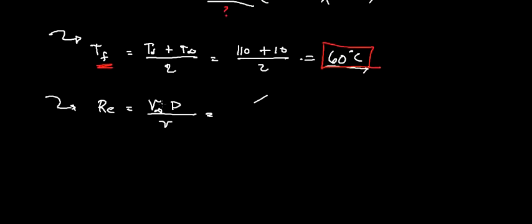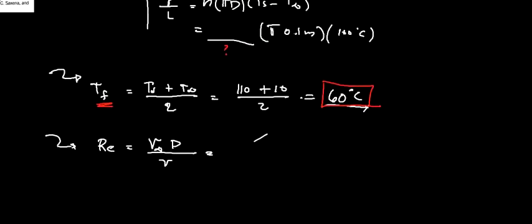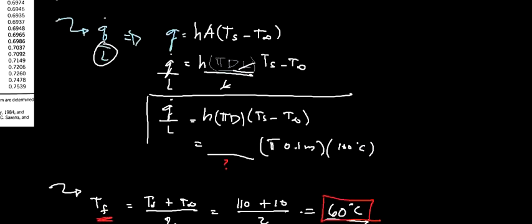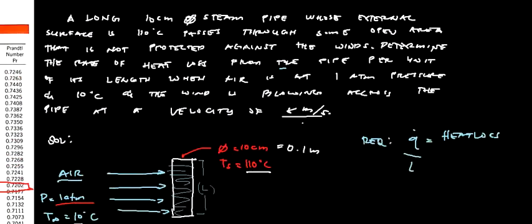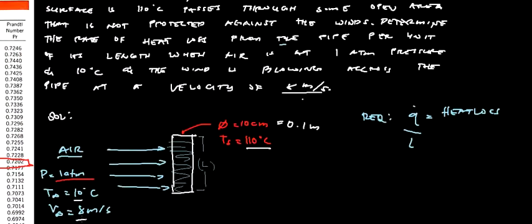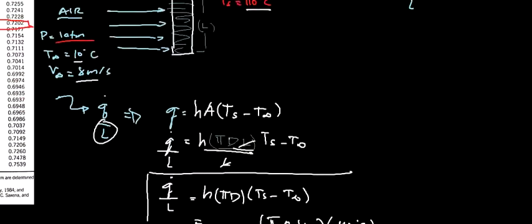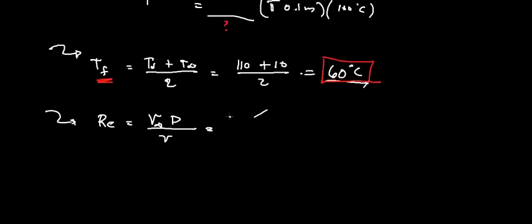Okay, so we have the value of our stream velocity given by the problem, this one. So we have 8 meters per second velocity of the wind, and then our diameter is 0.1 meter.